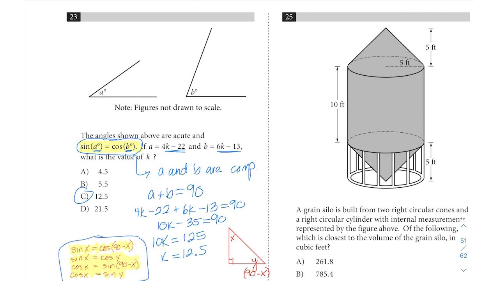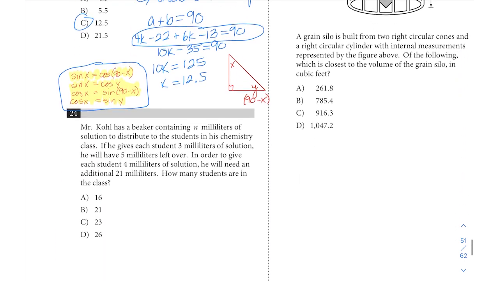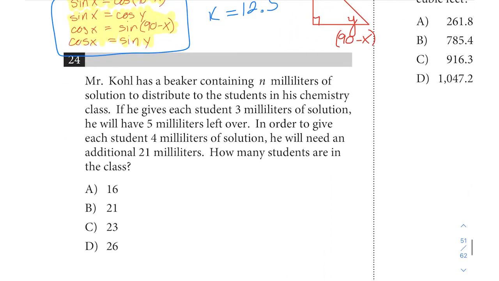While this may look intimidating at first glance, if we know that identity, this question becomes something we can answer relatively directly. It's just one equation with one variable where we can solve for k. Up next, we'll take a look at question 24.